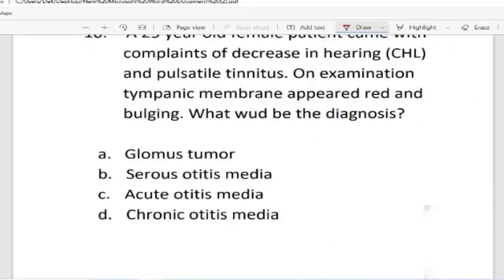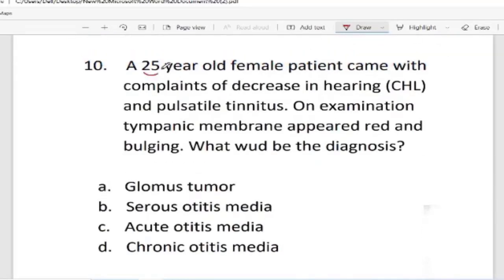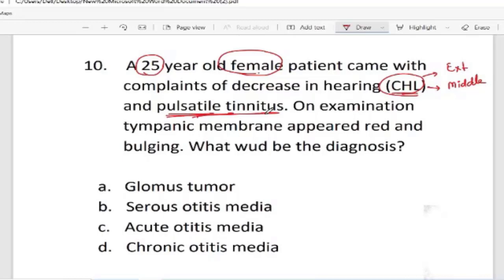Next question. A 25-year-old female patient, always look at this, came with complaint of decrease in hearing, that is conductive hearing loss. Conductive hearing loss means pathology of either external ear or middle ear. And pulsatile tinnitus.